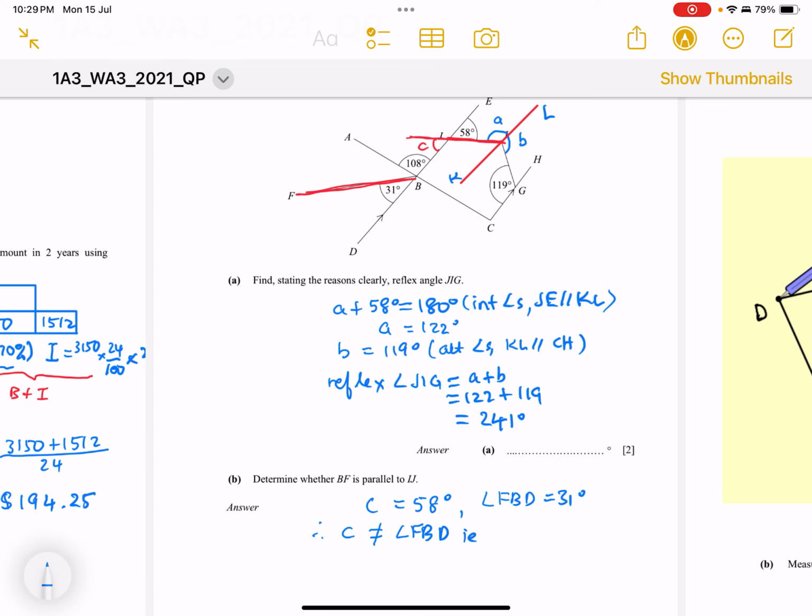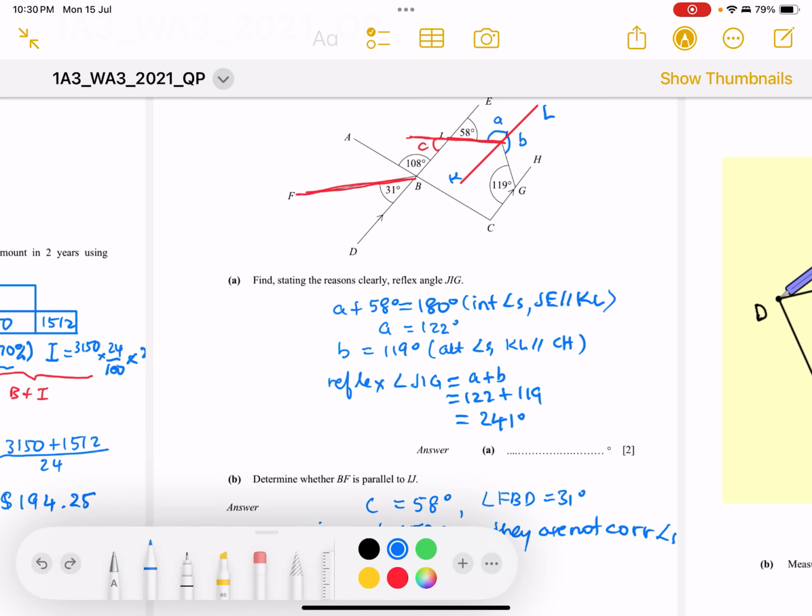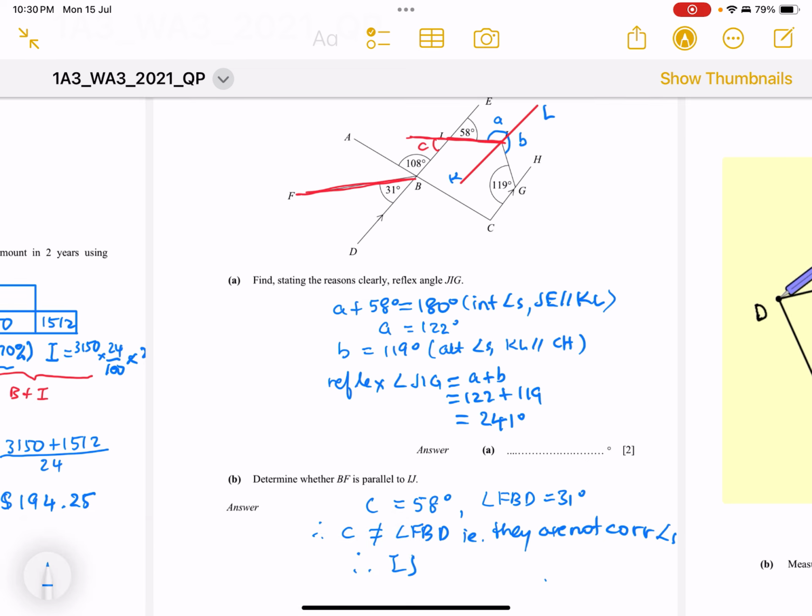That is, they are not corresponding angles. Therefore, IJ is not parallel to BF.